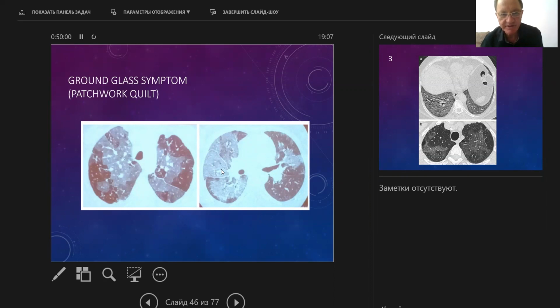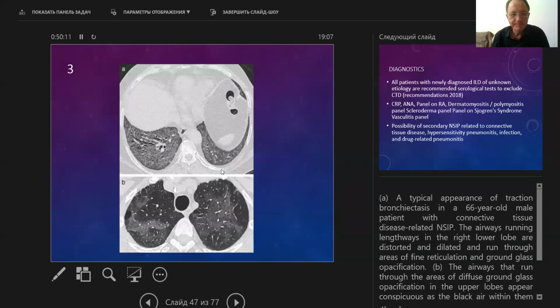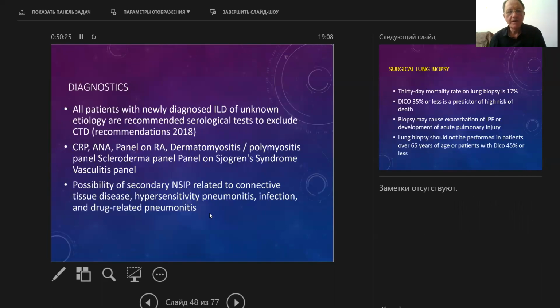In case of consolidation, no structure of the lung is visible, no vessels, no bronchi. In this slide, you can also see typical non-specific interstitial pneumonia.